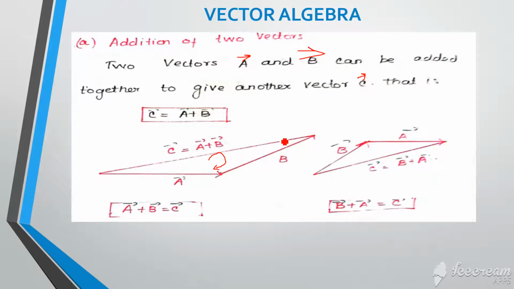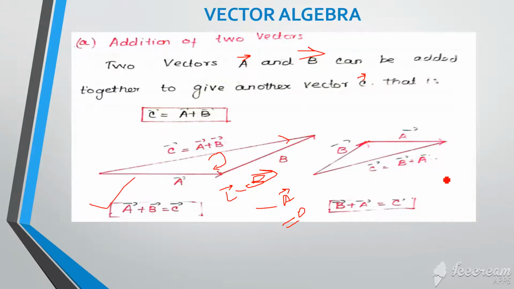Here the resultant direction is along this one, so along the arrow direction we take it as a positive value. So first is C vector. B is just opposite to our assumed direction, so we have minus B vector. Similarly, A is also opposite to our analogy, so minus A vector is equal to 0. Simply rearranging this expression, finally we get C vector is equal to A vector plus B vector. This is the final answer for this figure.